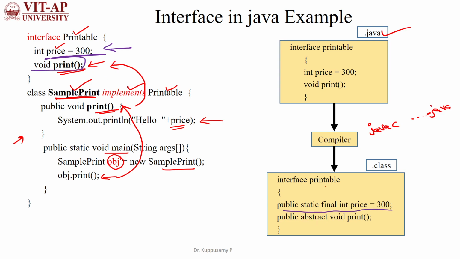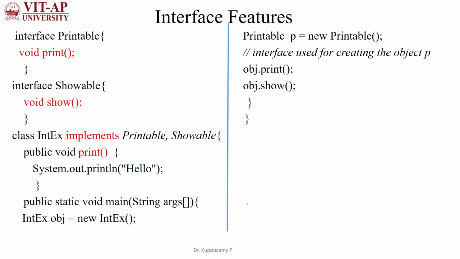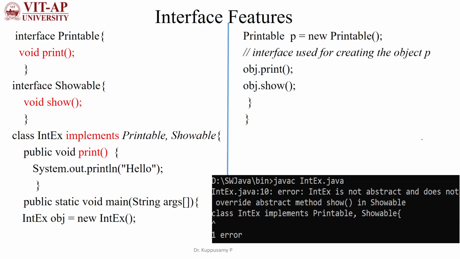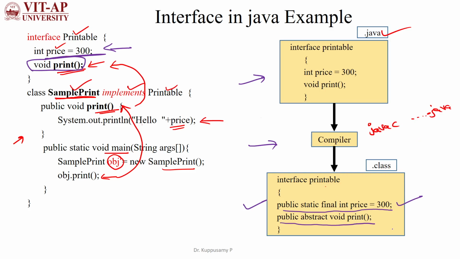Then this method void print will be transformed into public abstract void print. So the program we have written in the java file is transformed by the compiler into this format, that's what we have seen in the previous slide, right? So whatever variables you are declaring will be transformed into public static final by default. That's what we have seen now in this slide. So this is done by the java compiler.